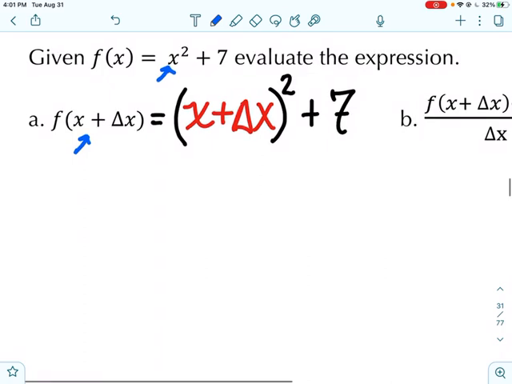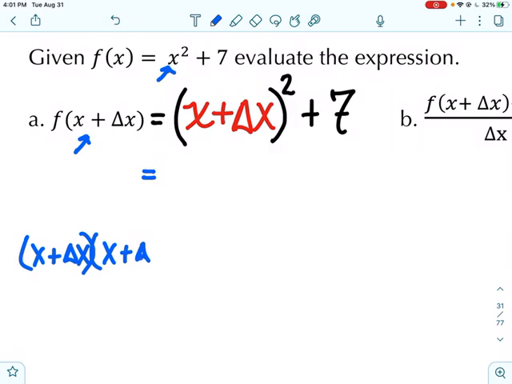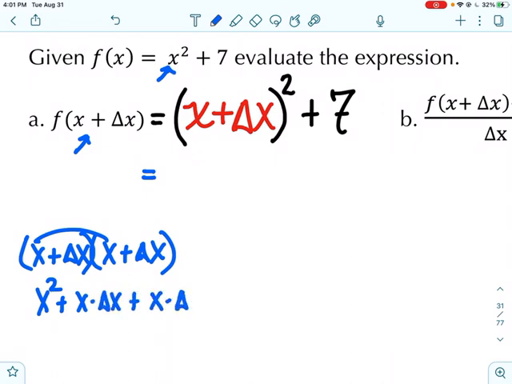So this will turn out to be f of x plus delta x is, we're going to square this, but remember, some of you may want to do this, and this is fine. So where you FOIL it, you get x squared plus x times delta x plus x times delta x. So you have first, outer, inner, and then the last is plus delta x squared.